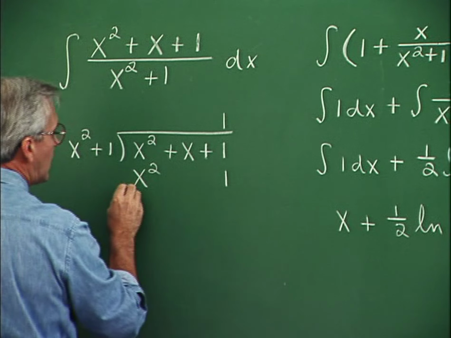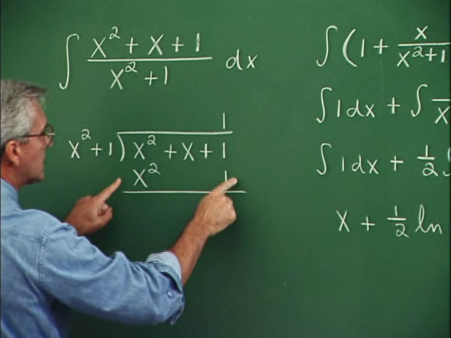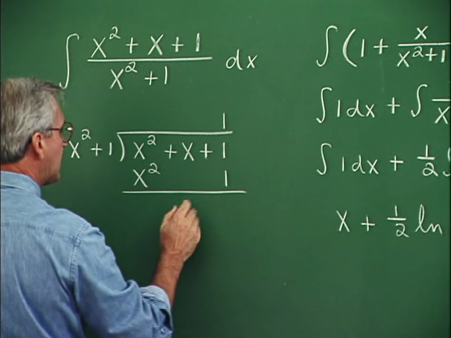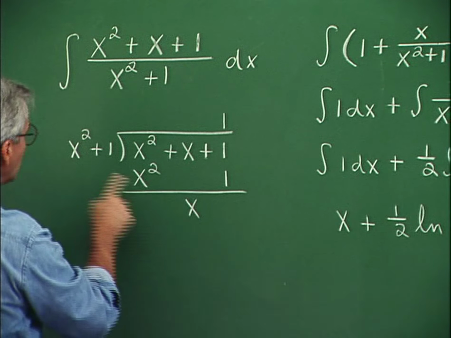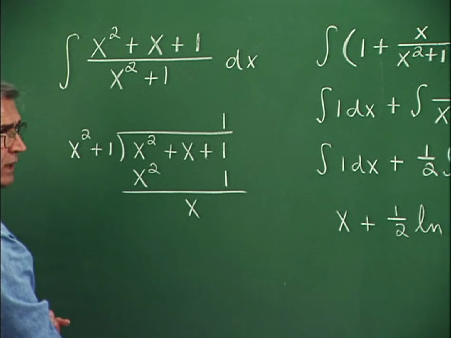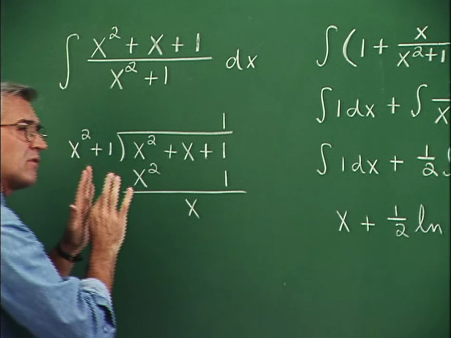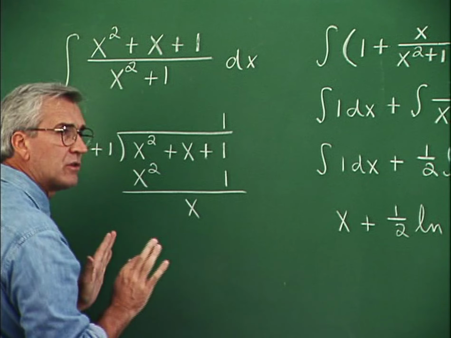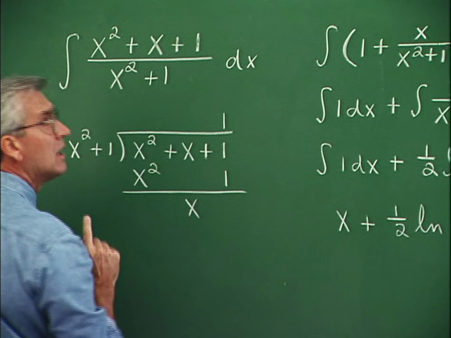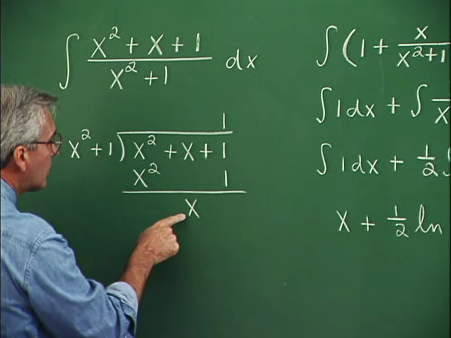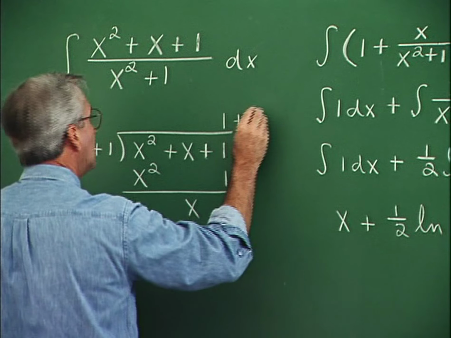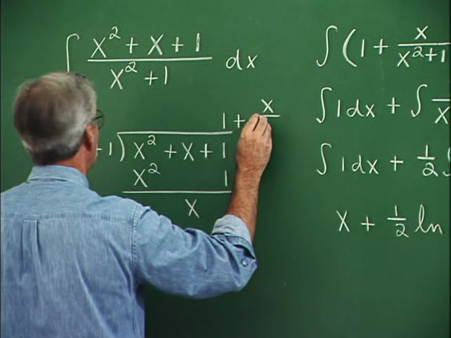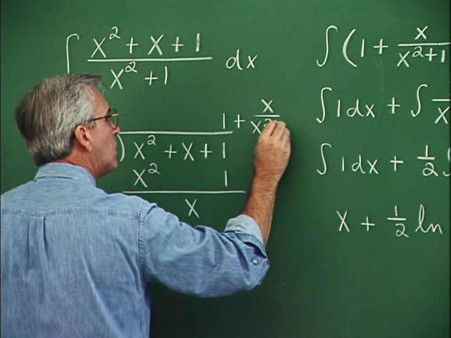Draw the line and subtract, and when we subtract these, they go out, we bring down the x, and so x is the remainder because it is of a degree lower than the x squared. Okay, so the complete answer in this situation is 1 plus the remainder over the divisor. So it's really 1 plus x over x squared plus 1.